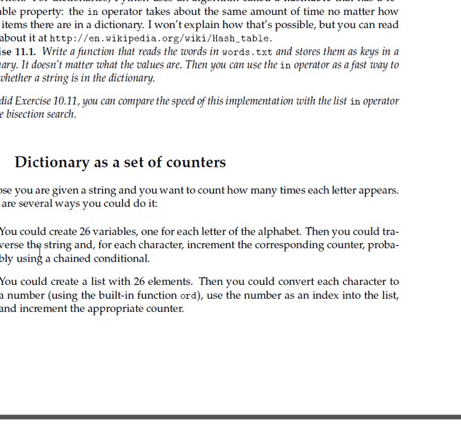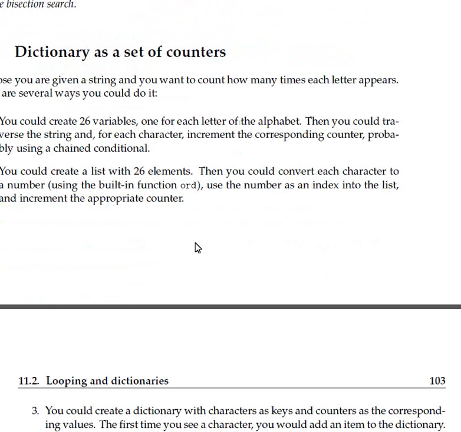And then as you traverse the string, for each character, you could increment the corresponding counter, and thereby count the occurrence of each letter. You could also create a list with 26 elements, and then convert each character to a number and use the number as an index into the list and increment the appropriate counter.